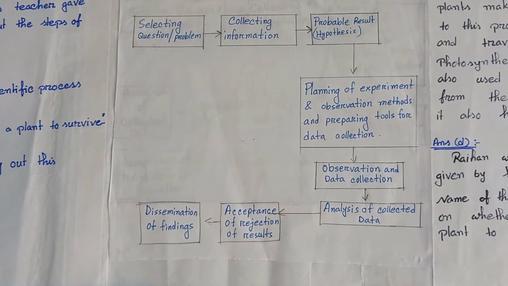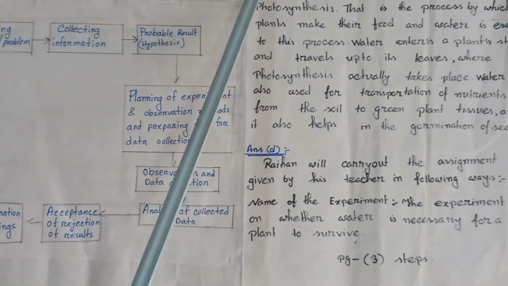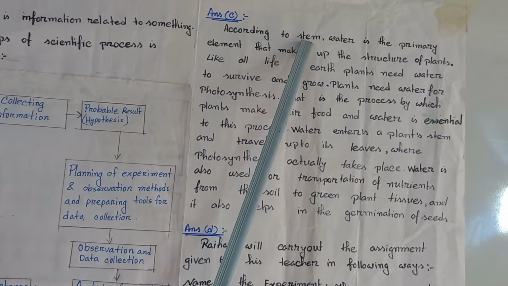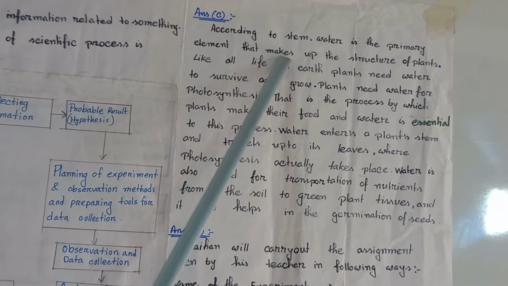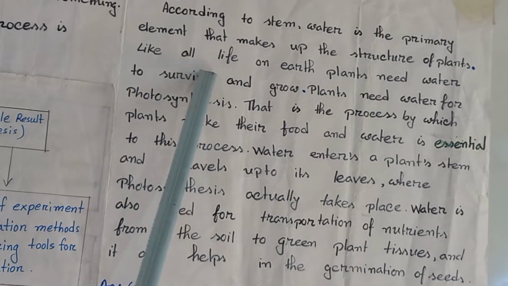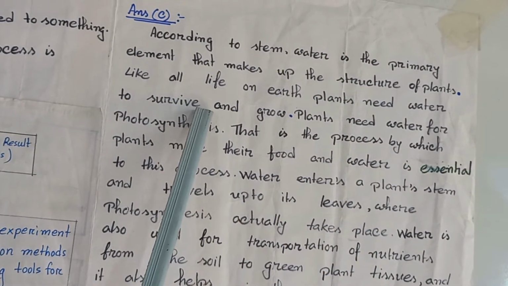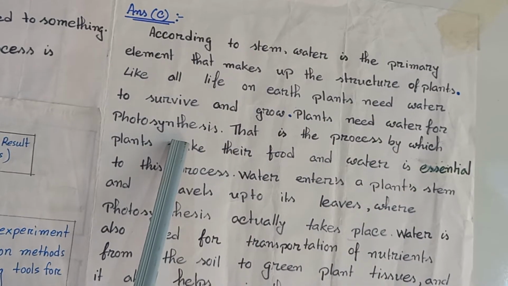Now next is C number answer. C number answer is here. According to STEM, water is the primary element that makes up the structure of plants. Like all life on earth, plants need water to survive and grow. Plants need water for photosynthesis.